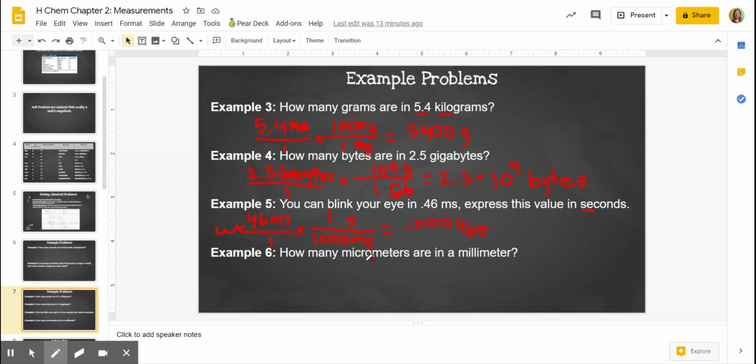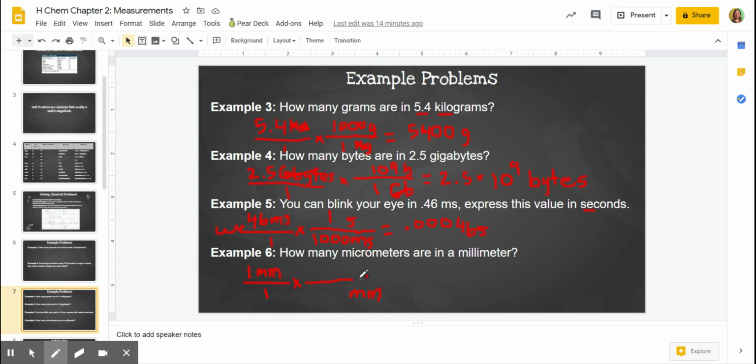All right, last but not least, how many micrometers are in a millimeter? I have 1 millimeter over 1 as my given. I want milli on the bottom, so I'm going to put millimeters down here.